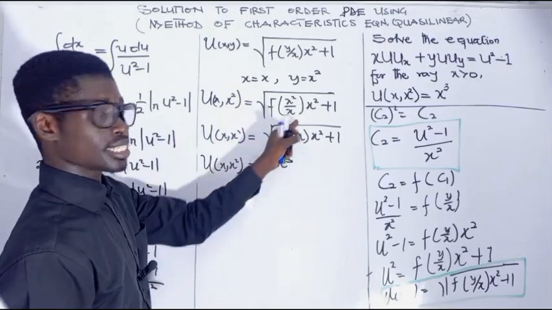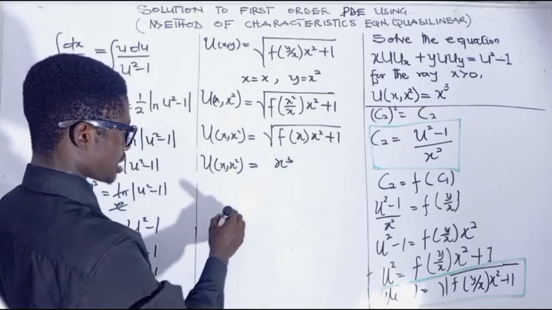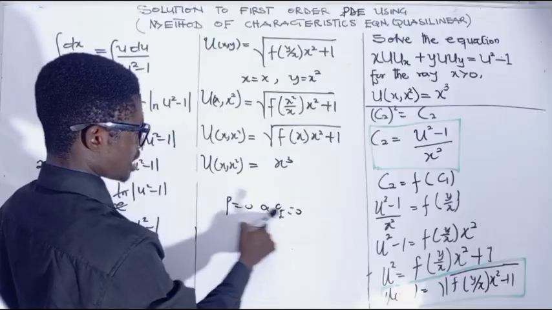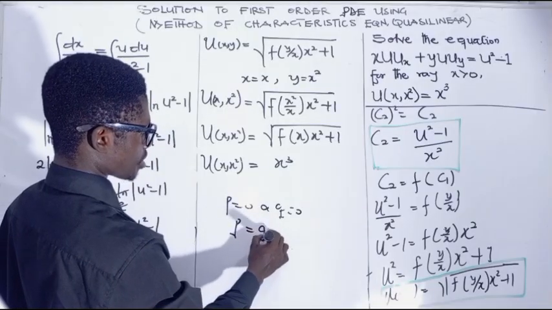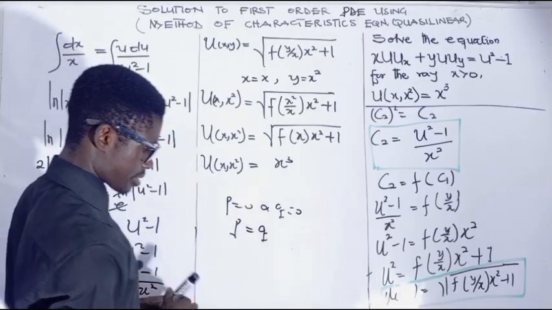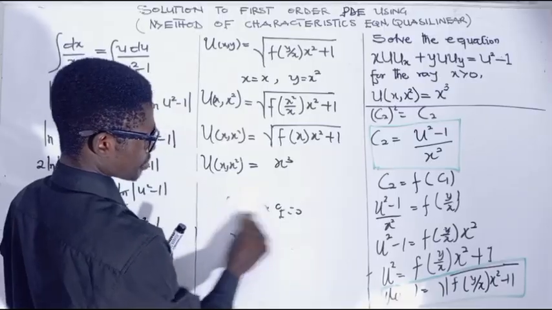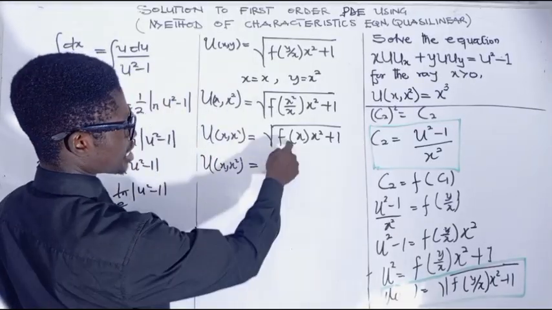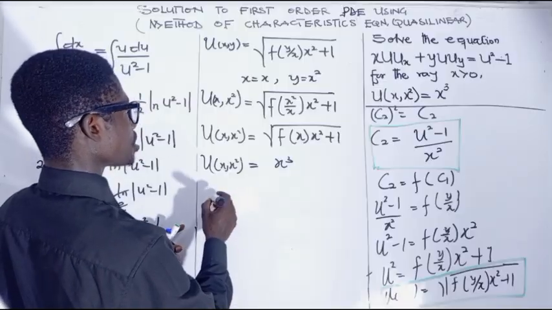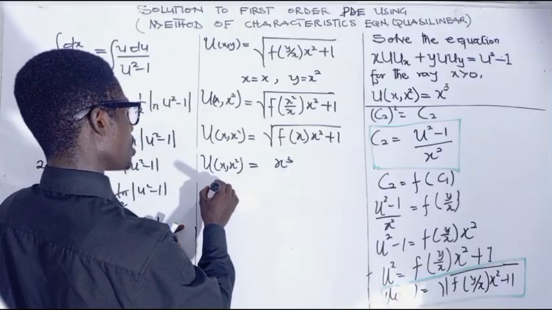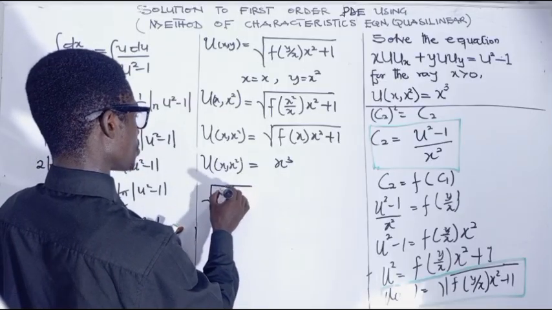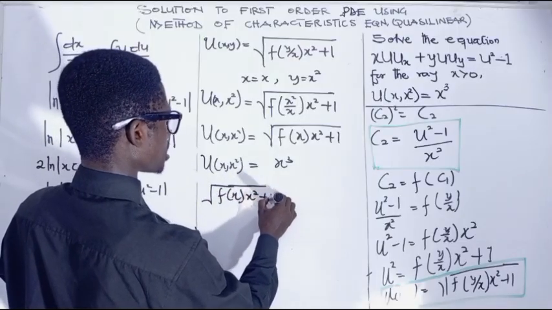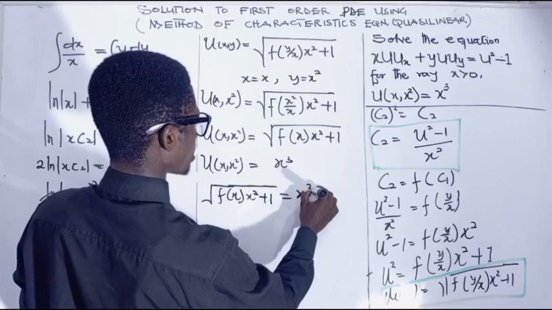Now since we have u at x, x squared in both cases, since they are equal, we can equate them. If you have two equations, let's say P is equal to 0 and Q is also equal to 0, then we can say that P is equal to Q. So we are going to apply the same concept here. Since this is equal to that, then it means that this is also equal to that. So we have the square root of f at x multiplying x squared plus 1 is equal to x cubed.